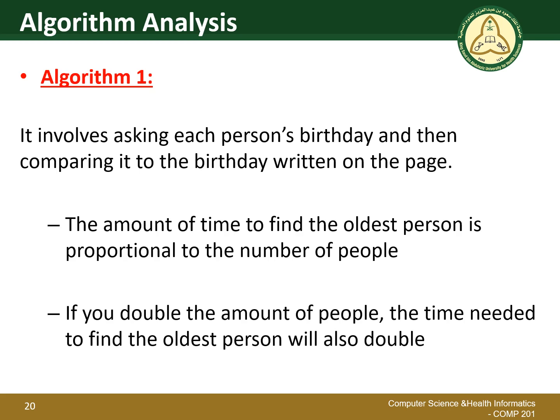So it is proportional to the number of people. When you double the amount of people, the time needed to find the oldest person will also be doubled. So لو عندي 200 persons, I will need 400 seconds to solve the problem.